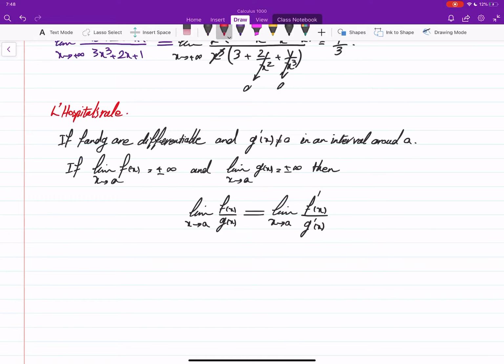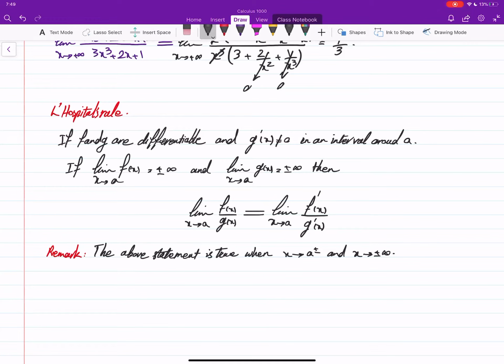And as before, a remark: the above L'Hopital rule is true when we have one-sided limits, so x goes either to a plus or minus, and for limits at infinity.